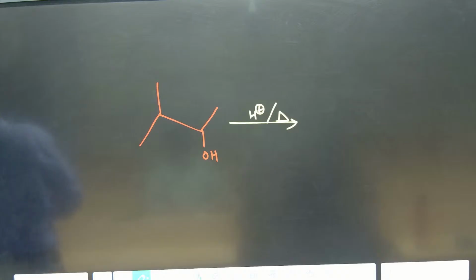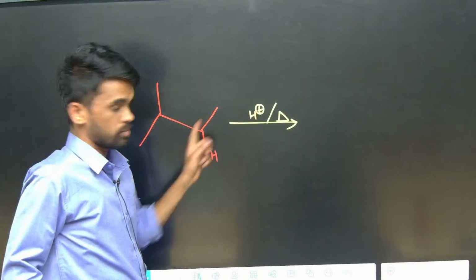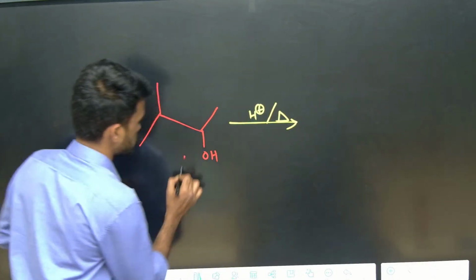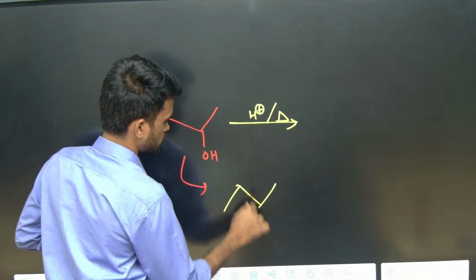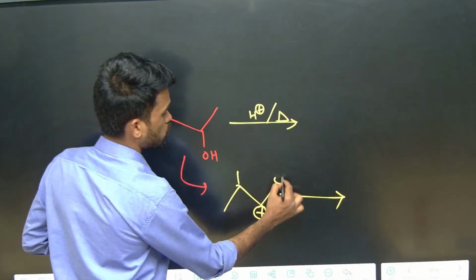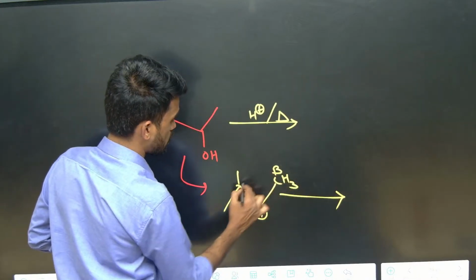Remove OH, add H plus, and remove it as water. After that you get a positive charge here like this. Then you can deprotonate using these beta protons or this beta proton.